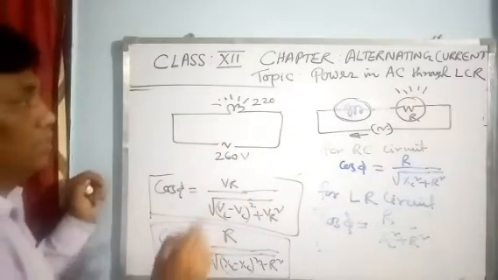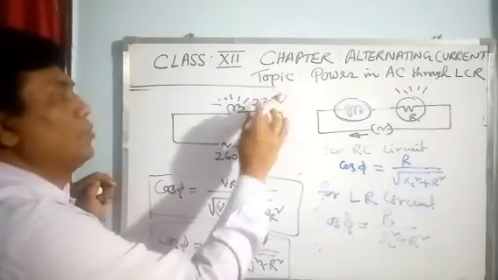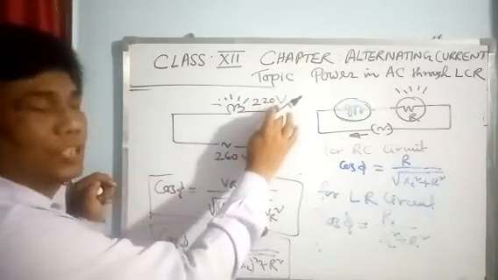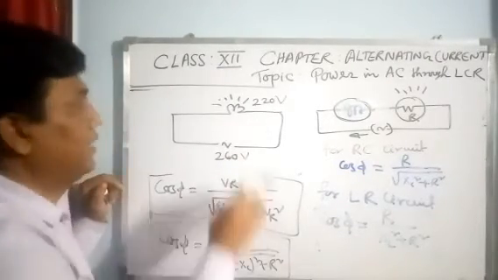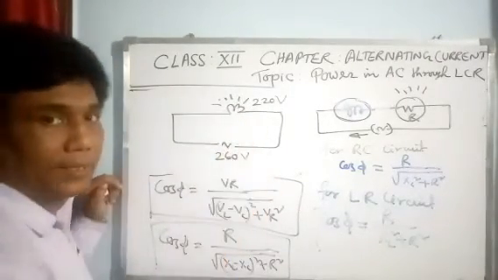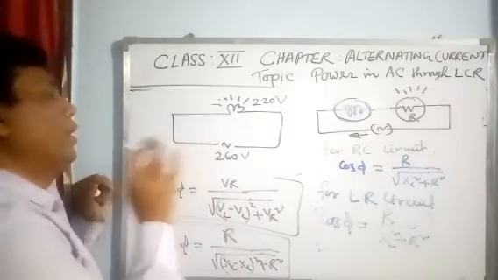Are you getting it? So definitely this will get fused, because its maximum operating voltage is 220 volt, but you applied a 260 volt source, it will definitely go damaged. So what can you do?